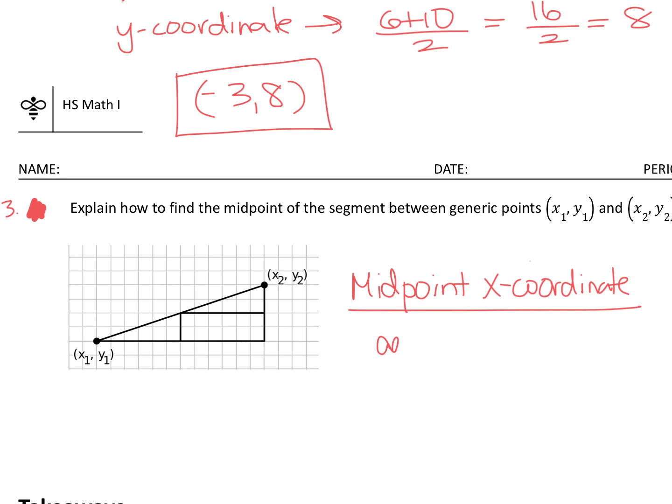We need to add both x coordinates together and then split that in half.